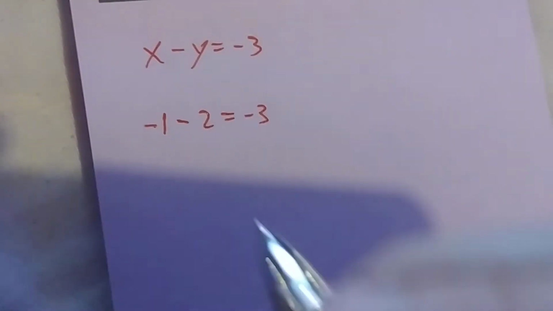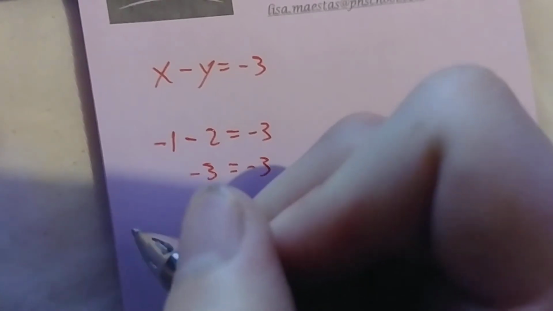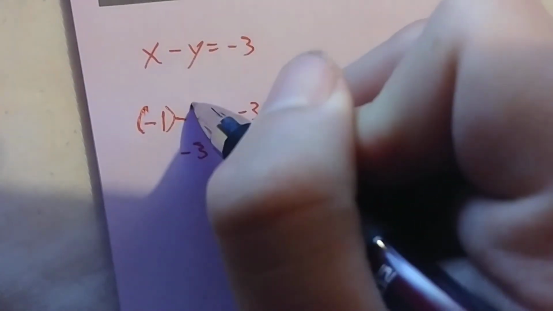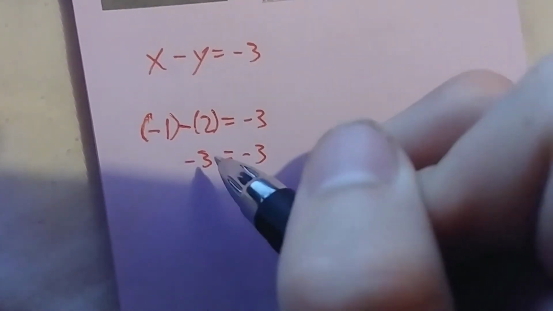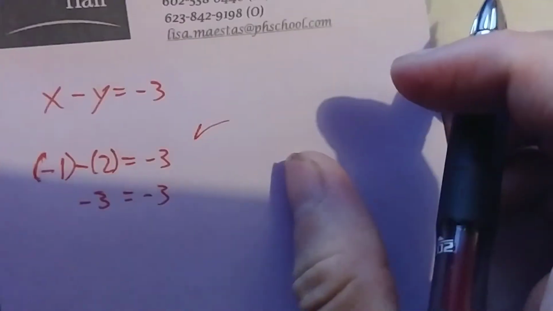And as we can see, -1 and -2, that's -3 equals -3. So what I did, I replaced my x value with -1, and I replaced my y value with +2. And that gave me -3. So -3 equals -3. That's part of it.